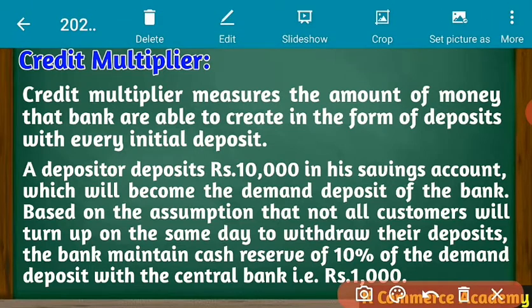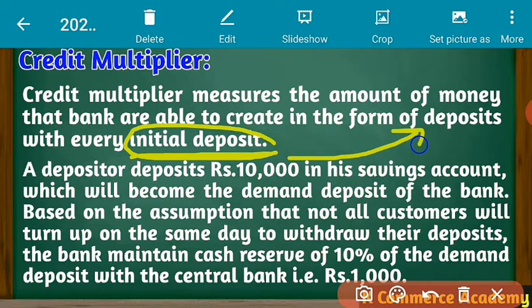Initial deposit means an amount which a person has deposited with the bank, but with the fixed initial deposit, a bank creates many times more deposits, and that is what is meant by deposit multiplier. However, that will be discussed at a later part.